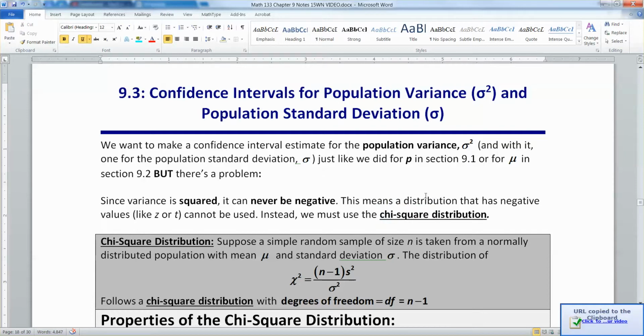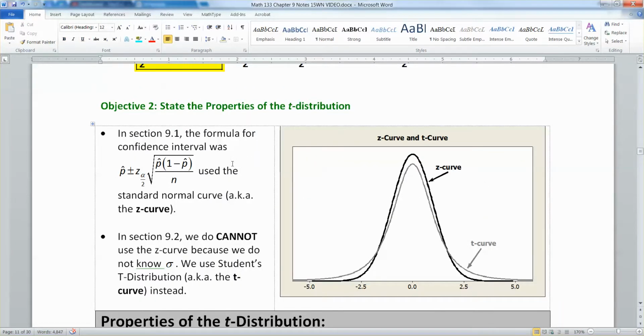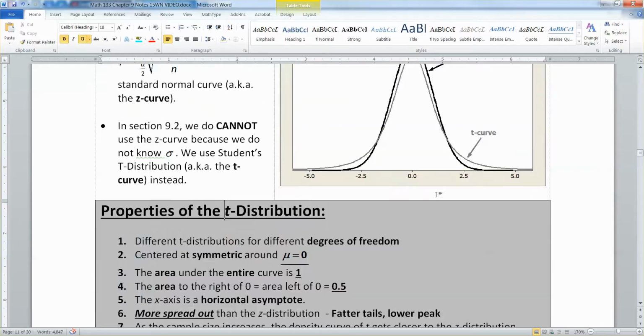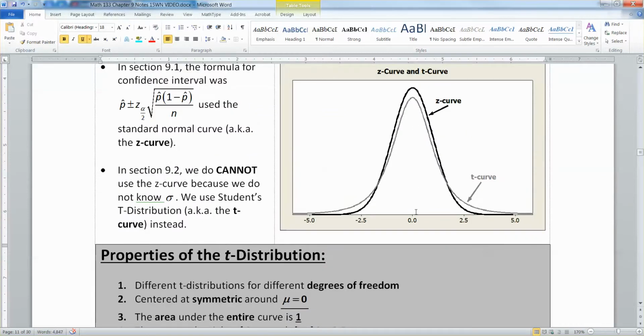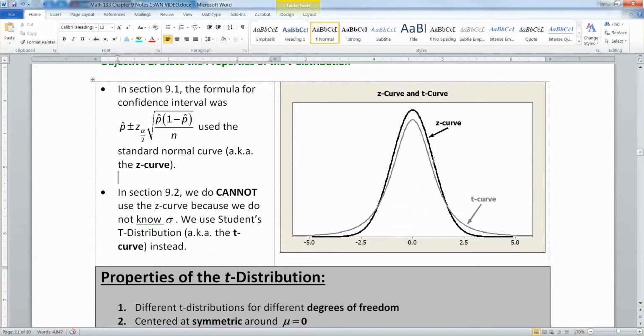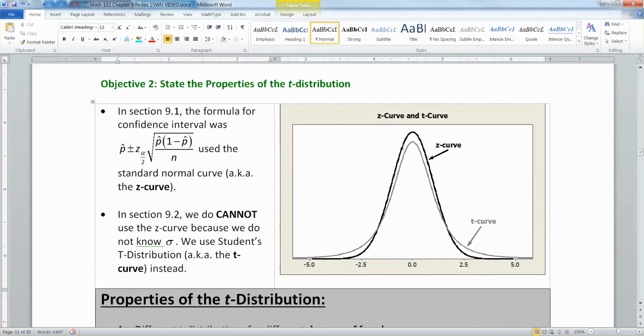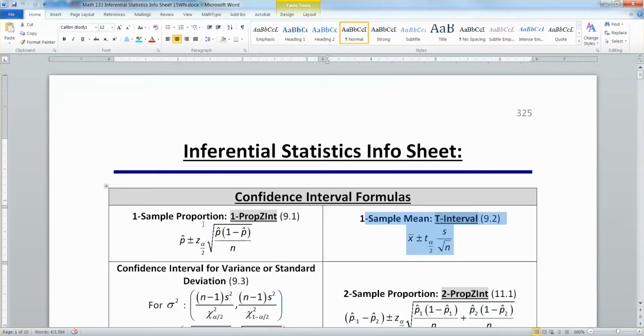All right, so let me go back to the z and t distributions real quickly. Right here in section 9.2, we have a z-curve and a t-curve drawn together. You can see that the z-curve, which is the black curve, has a center at 0, and so does the t-curve. Now the z is the one we get to use for proportion intervals, for the one-prop z-int. Let me bring up the formula so you can see.